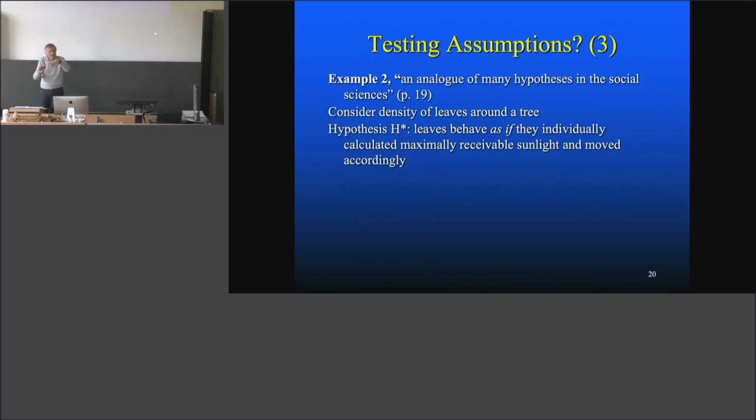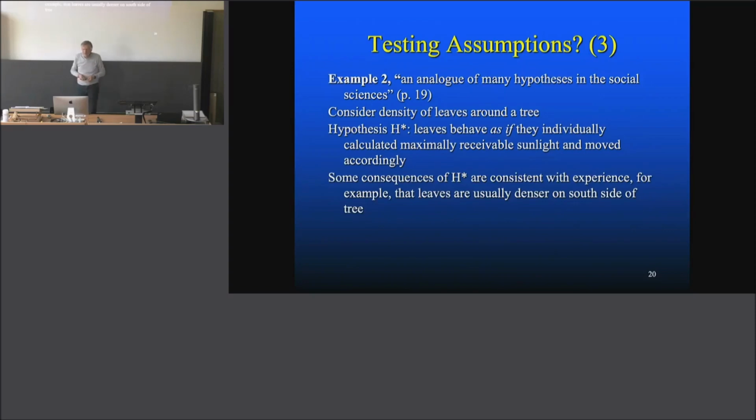And then he says that hypothesis explains how the leaves are distributed on this tree, right? That may be empirically right, I don't know. And what he says is then some consequences of H star are consistent with experience. For example, that leaves are usually denser on the south side of a tree.